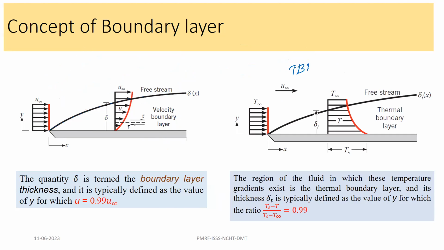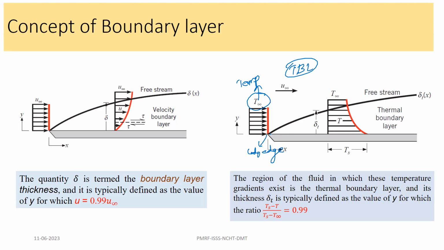Thermal boundary layer. This is also caused because a free stream is coming with a temperature T infinity. When it approaches a plate, you can see the temperature layer forming from the leading edge. Suppose this surface has a temperature TS.